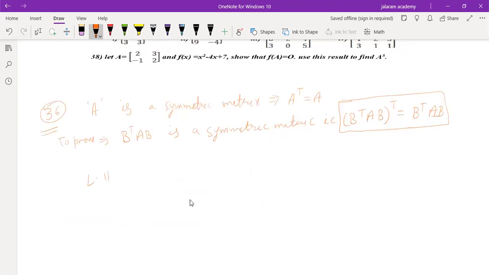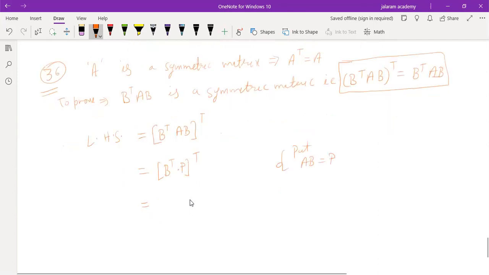So we start with LHS. B transpose AB whole transpose, and assume that AB equals P. So it is B transpose into P whole transpose.